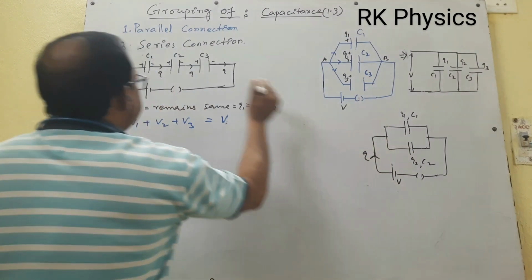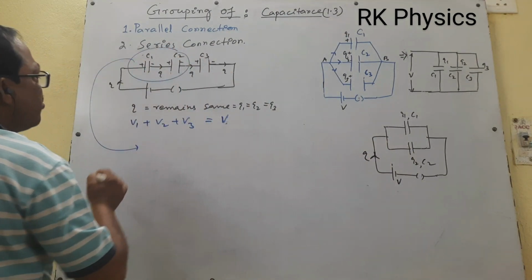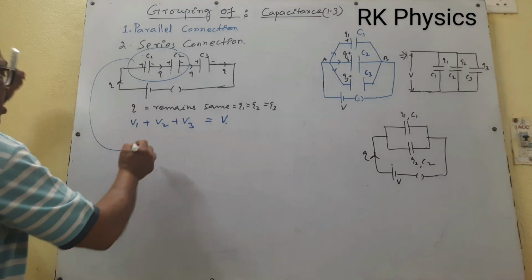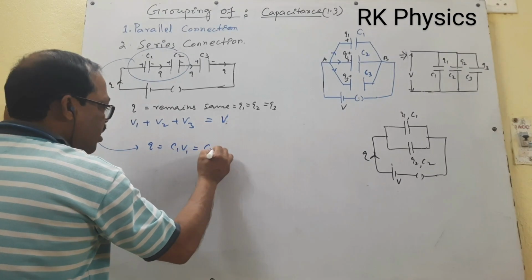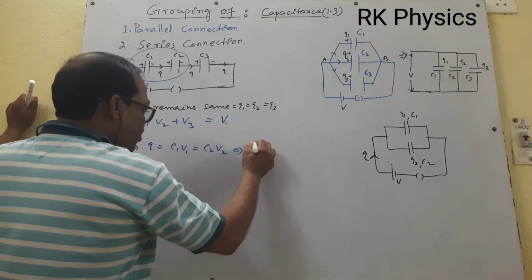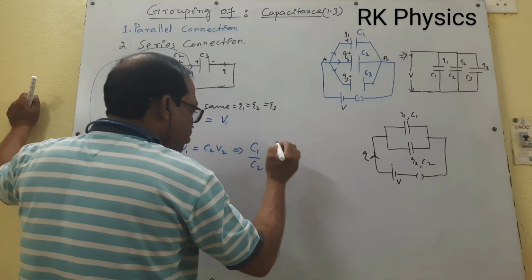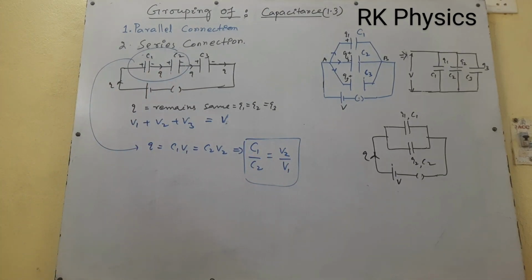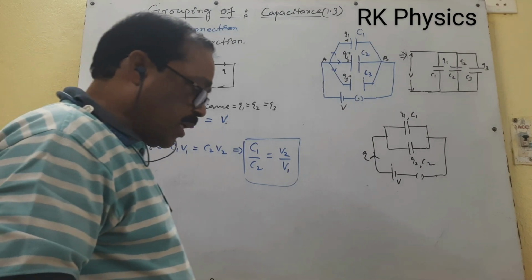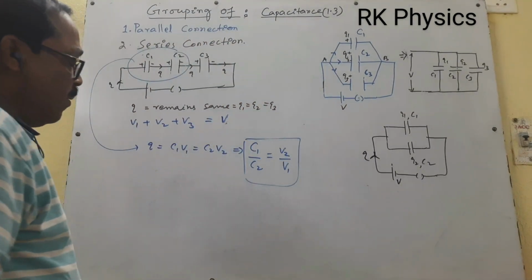Like this, if you take any two capacitors, charge same means C1 V1 must be equal to C2 V2. This shows that C1 by C2 is equal to V2 divided by V1. So it is possible to calculate potential or capacitance partly through this formula.